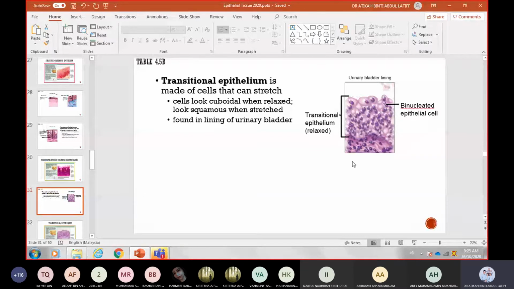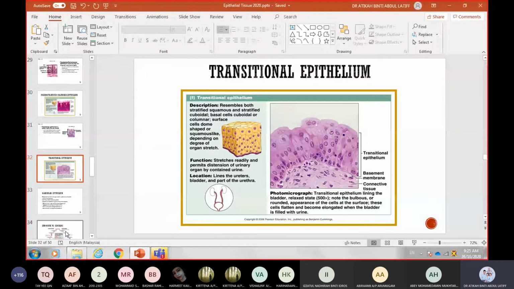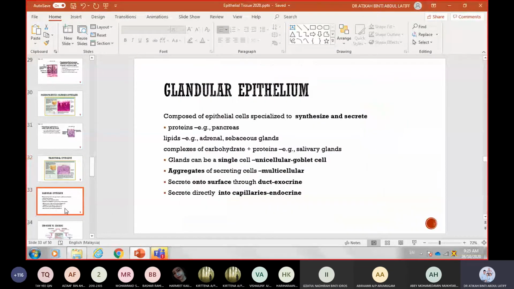But when it is stretched, so when there is a lot of urine inside, the whole lining can stretch and become less thick. So this is an example for transitional epithelium. So it can accommodate according to the stretching and relaxation of the organ, of the part.